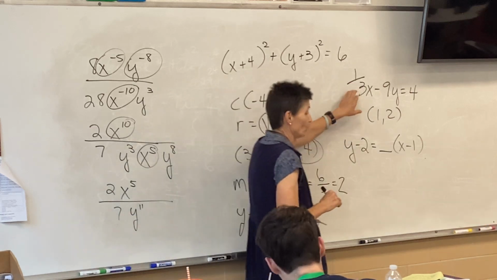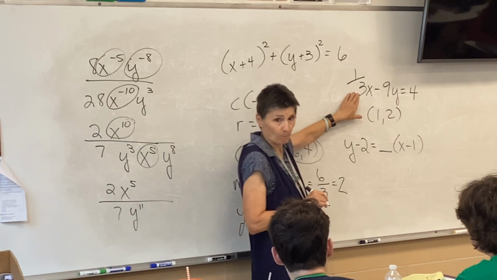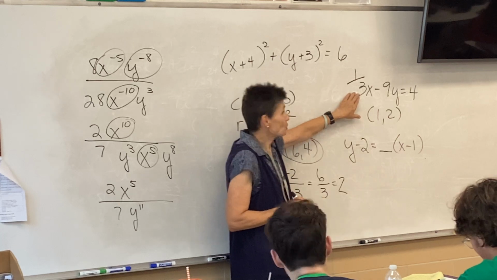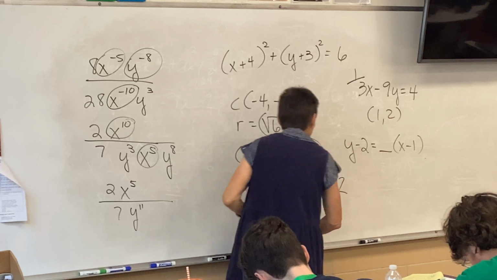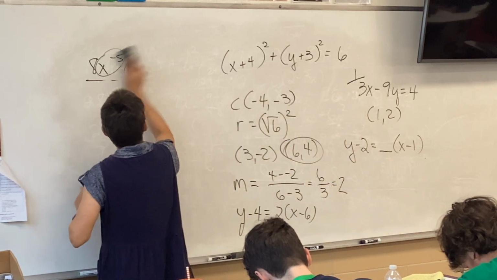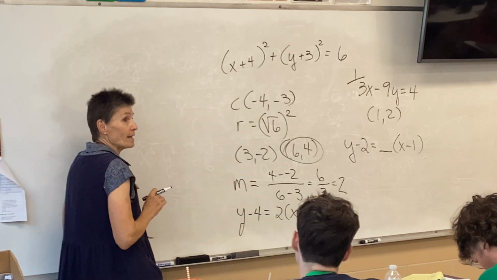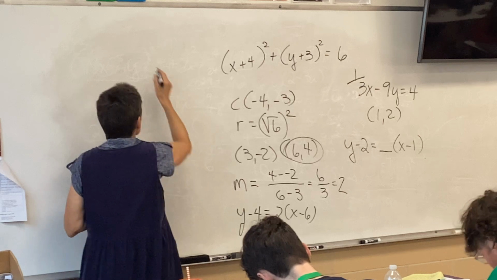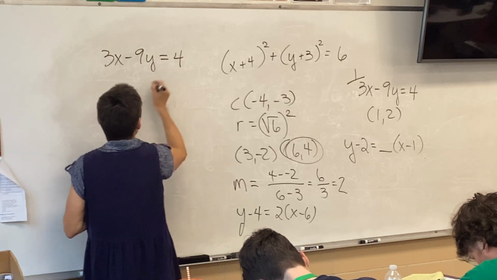What does perpendicular mean? Opposite reciprocal slope. So I need to find the slope of this equation. How do I find the slope of that given equation? Isolate the y. I gotta get y by itself. So 3x minus 9y equals 4.